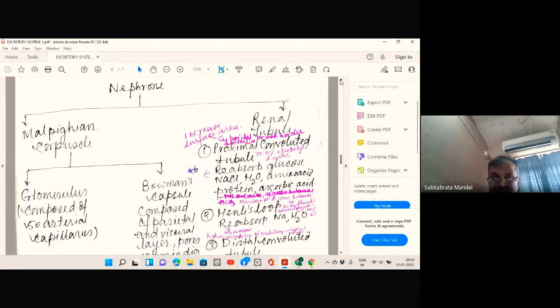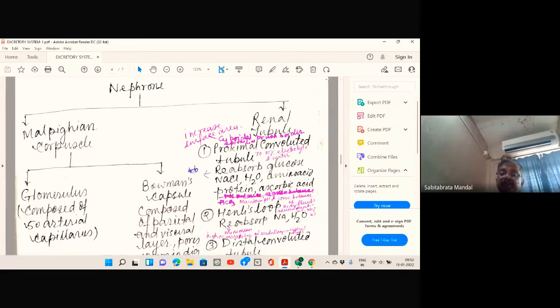So, this is the whole brief picture. First part is filtration. Now glomerular filtrate will pass through the renal tubule. Their useful part will be absorbed and harmful part will be given out.